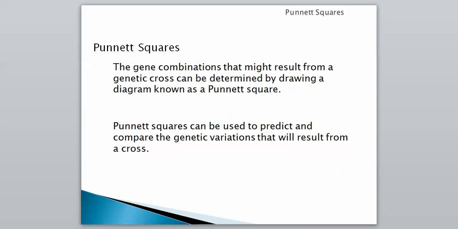Our Punnett squares help us determine the genetic crosses that could be possible, and they're used to predict and compare the genetic variations that will result from a cross. So it's again using probability, because they're not always 100% correct, but it's us giving our best guess at what might happen.